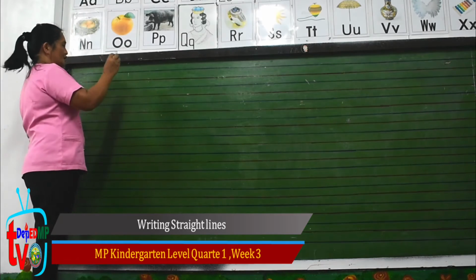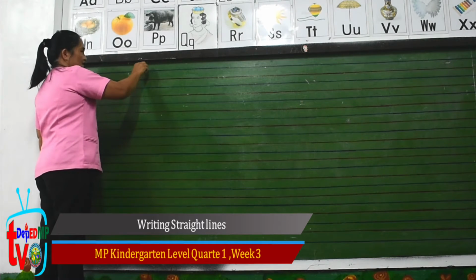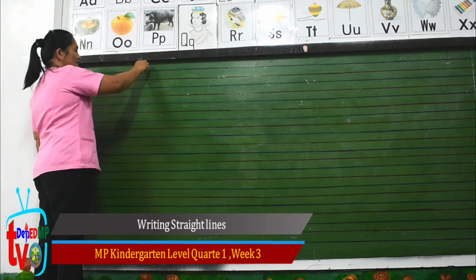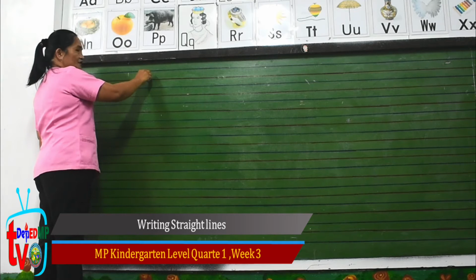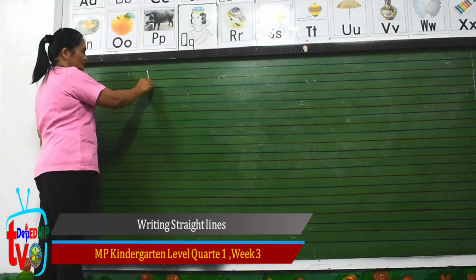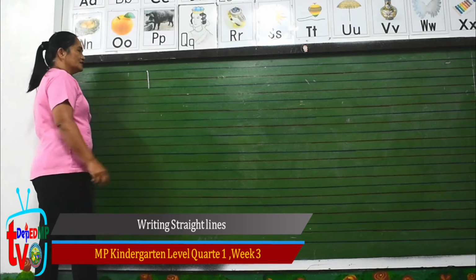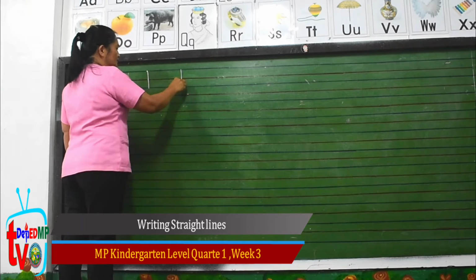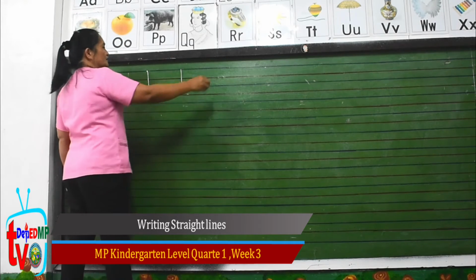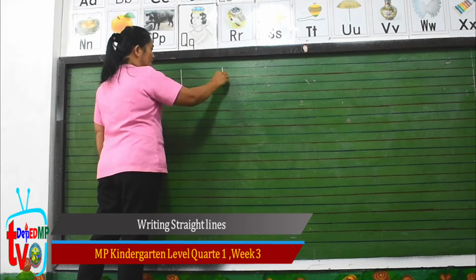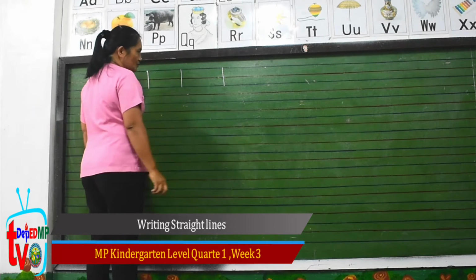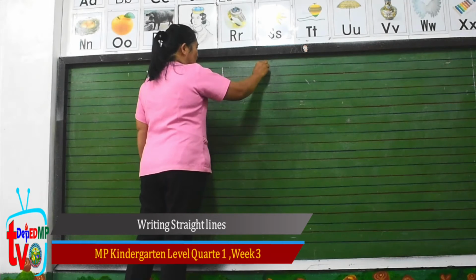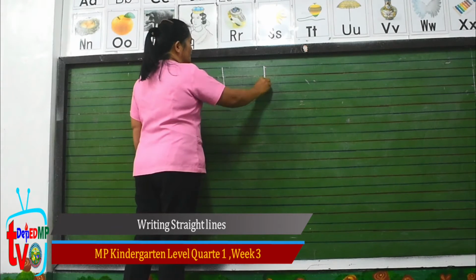Let's try to do it. Start from the blue line, going down to red, and then down to blue. Once more. Blue, red, blue. Again. Blue, red, blue. Once more again. 1, 2, 3.